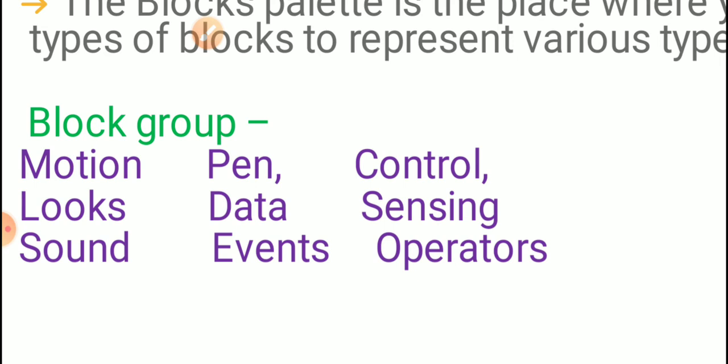Actually the motion is performing the actions like moving, turning, set position, so the sprite can move based on the motion block, and sound block can be used to play different sounds, and looks block can be used to make sprite say something, think.